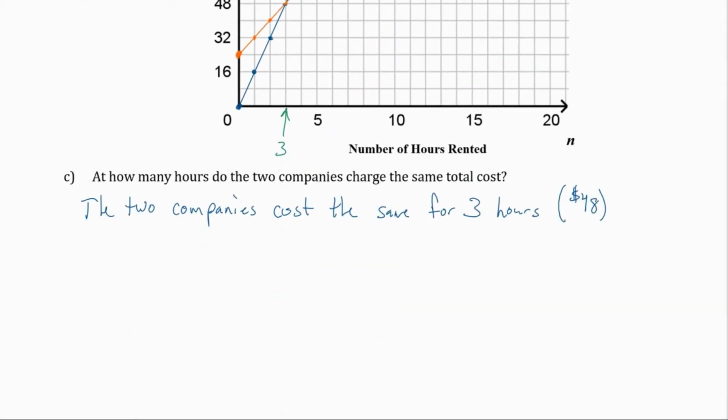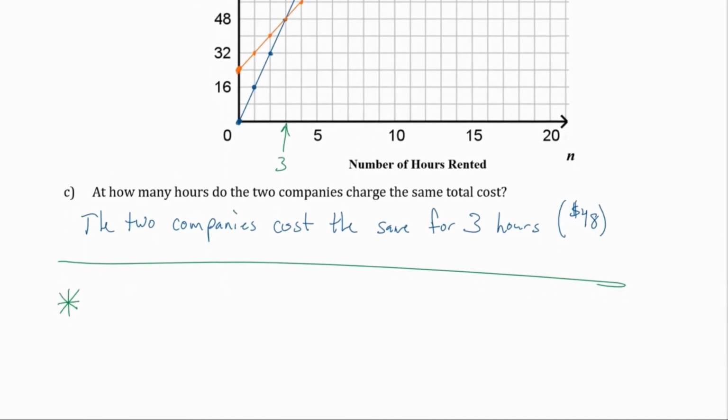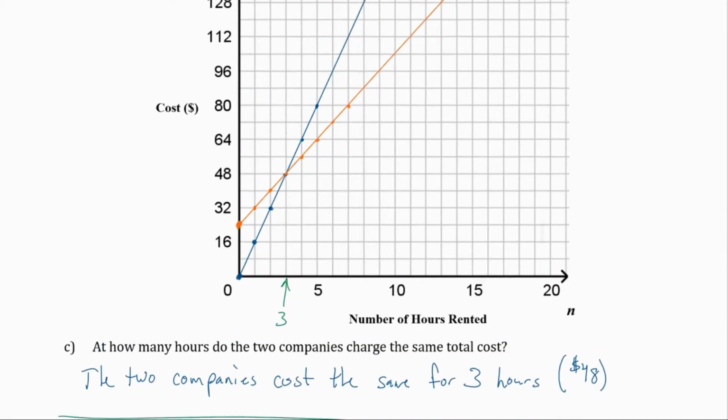Now, there's another thing. Sometimes it just wants to know when they cost the same, but there are other questions where it says, when is it better to choose company A, or when is it better to choose company B, or something along those lines. So when is it better to choose company A?